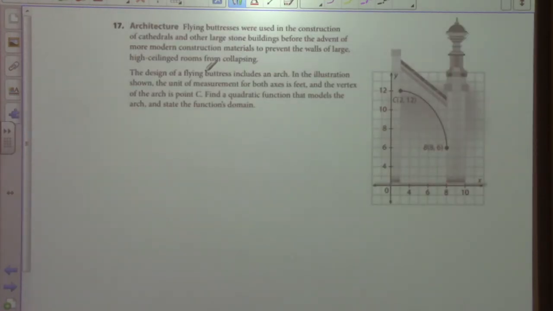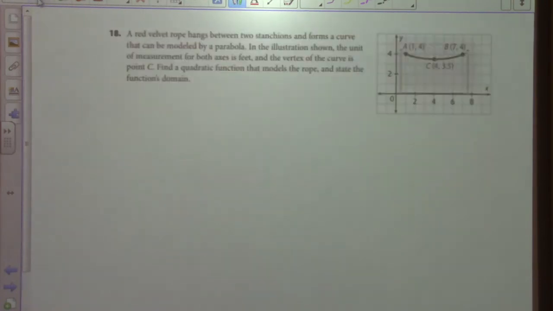Here it talks about an arch. Okay, here on 17 it doesn't mention parabola, but mentions quadratic function, right? So what kind of function models a parabola? And they tell you it's a quadratic function here too, right?